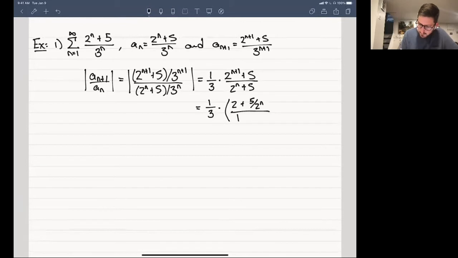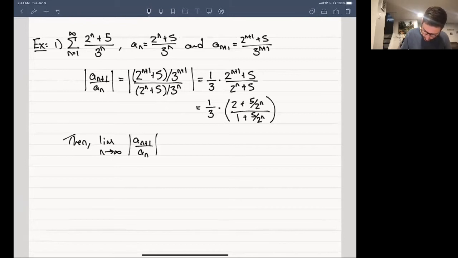Similarly, factoring out a 2^n from the bottom leaves me with this. And so then the limit as n goes to infinity of this is the limit of 1/3 times (2 + 5/2^n) divided by (1 + 5/2^n).